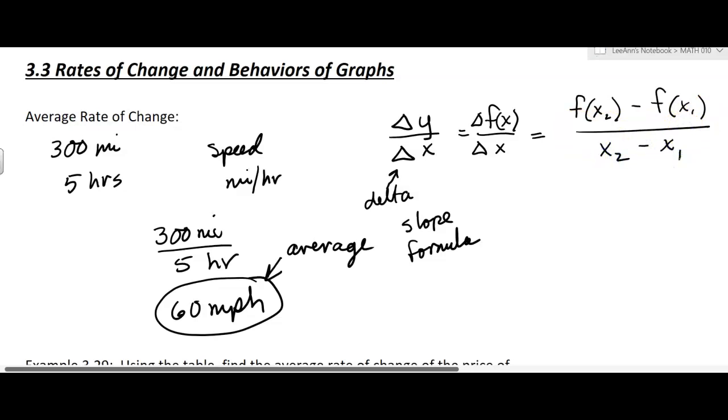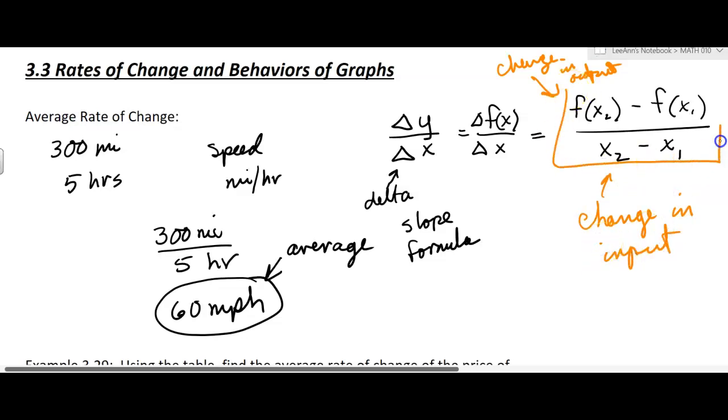Okay? So up here in the numerator, that's the change in y. So the change in, maybe I should say, output. So you take your last output and you subtract the first output. And then down here, that's the change in inputs. Okay, so this is the formula we're going to use for average rate of change.